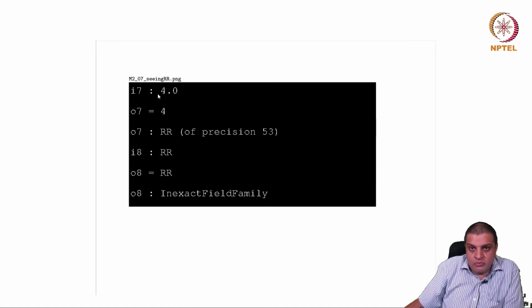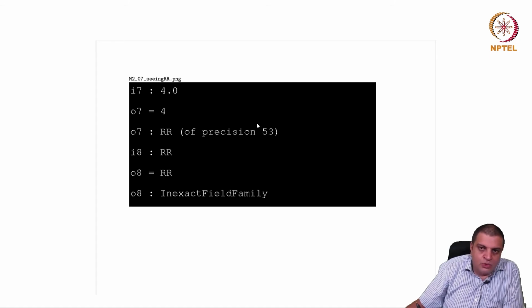Okay, so now we come to something new. Real numbers. I type 4.0. So it again says it's 4, but it's not just integer 4. It says it is a real number. RR denotes real numbers, but this time there's a difference. It says of precision 53.